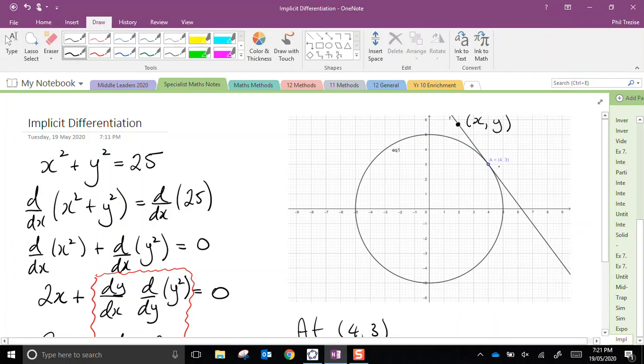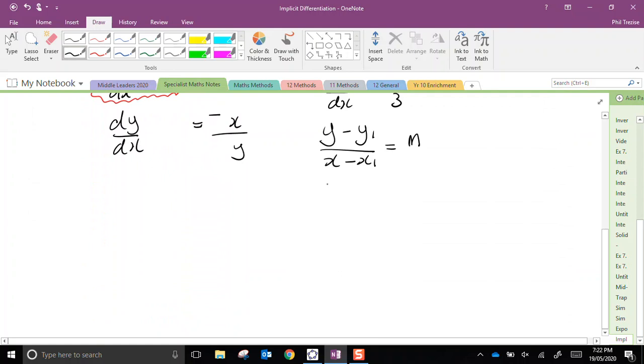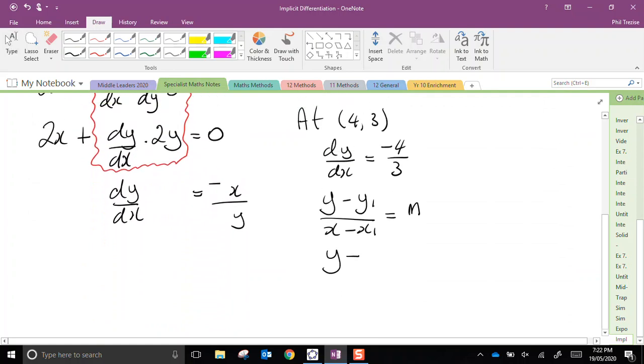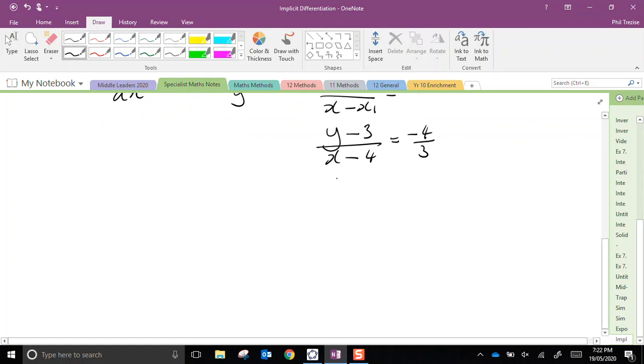And this one, I'm considering this to be x1, y1. So I'm effectively taking the gradient between a generic point, x, y, and a point with coordinates x1, y1. So I'd have y subtract the y1 value from the point, which is 3. The x1 value is 4. And all of that equaled the gradient, negative 4 over 3.